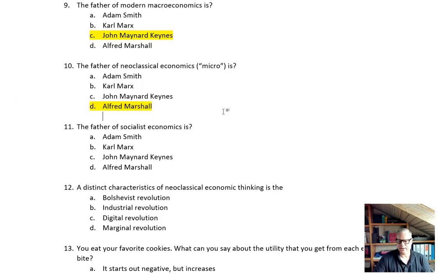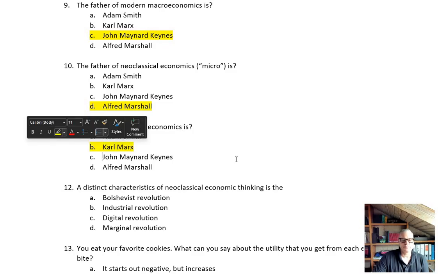So neoclassical economics is the new classical economics, and the new is the introduction of mathematical conceptualizations and formulas and graphs and such technologies. Okay, 11, the father of socialist economics is A, Adam Smith, B, Karl Marx. Yeah, obviously that's Karl Marx.